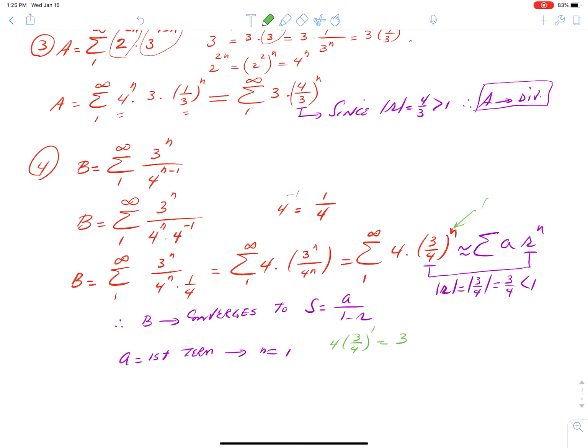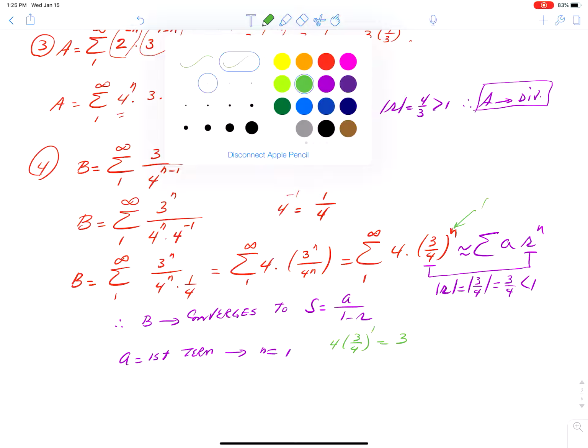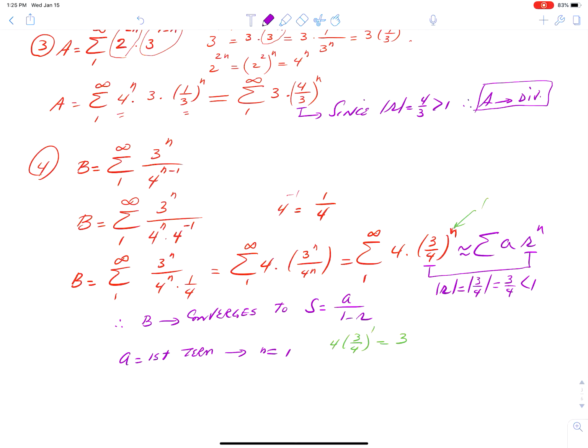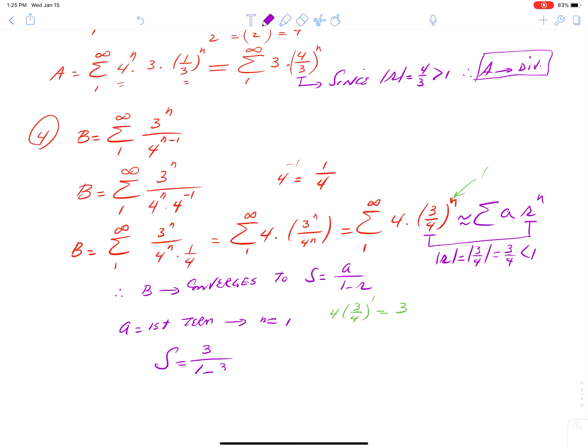You just get 3. Okay, so from here, S would be A, which is 3, divided by 1 minus R. Again, our R was 3/4. So we get 3 divided by 1/4, or S would be 12.